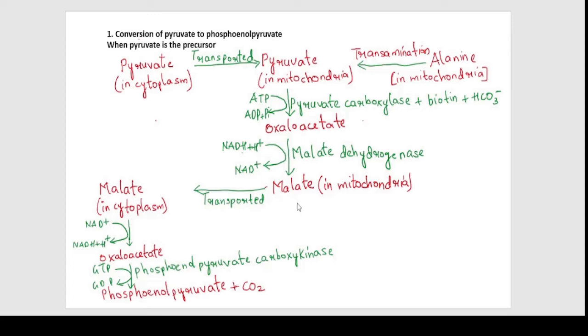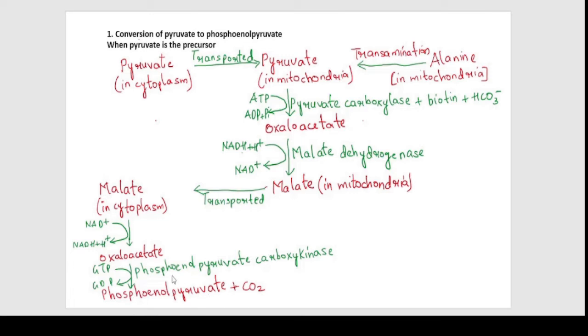The malate which is formed in the mitochondria is transported back to the cytoplasm where it is converted to oxaloacetate. In this reaction, 1 NADH molecule is given out. This oxaloacetate is finally converted to phosphoenol pyruvate where 1 molecule of CO2 is also released.